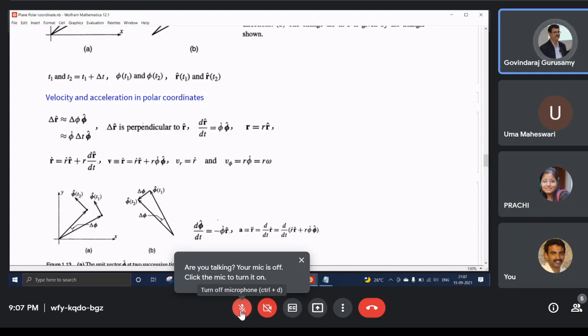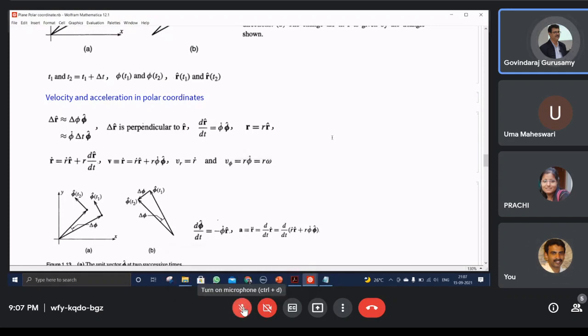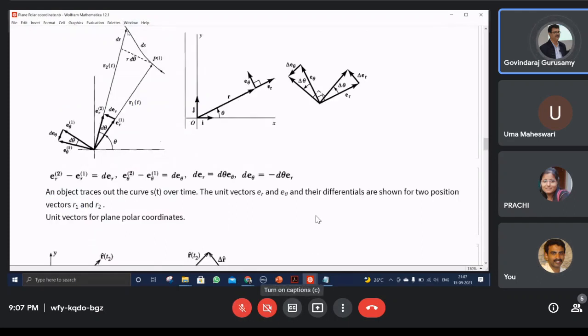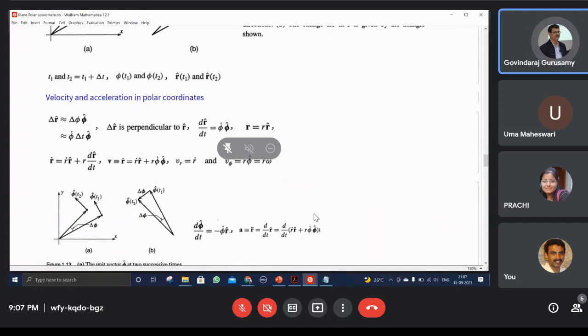The position vector magnitude with the phi gives the arc length. For any path, ds is the arc length; here it is the circular specific case.